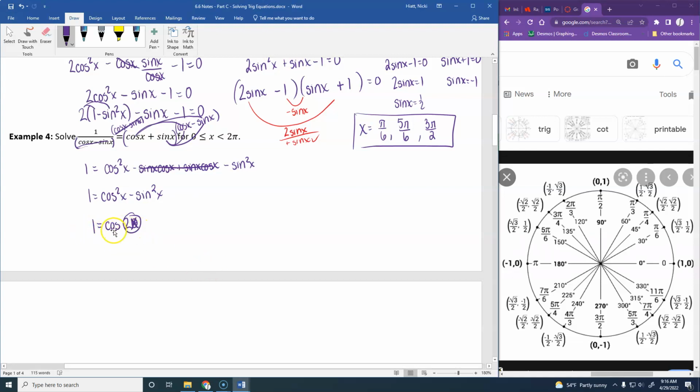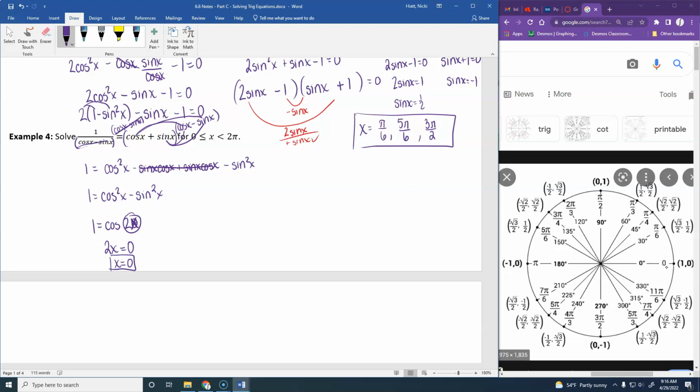All we really have to do now is ask ourselves, where does cosine equal 1? At 0. So we would say 2x equals 0, which would just mean x also equals 0. There's our answer.